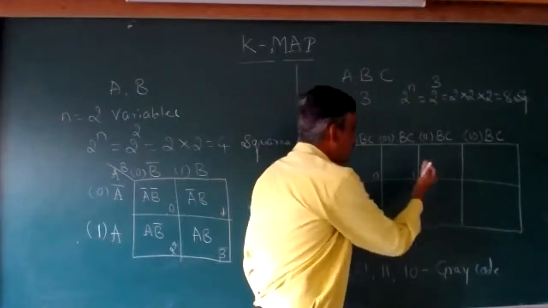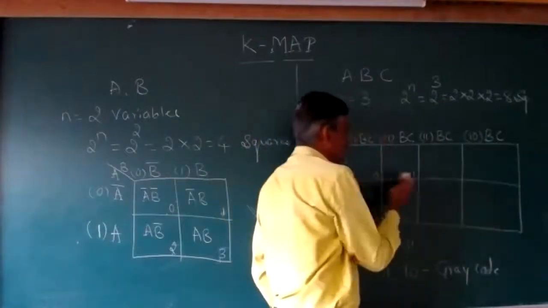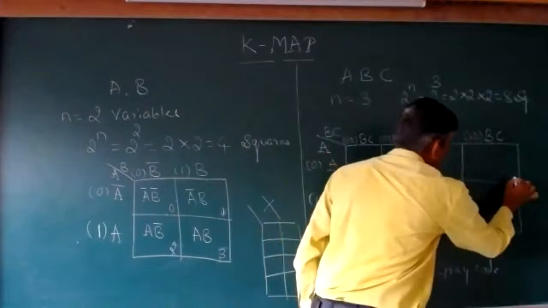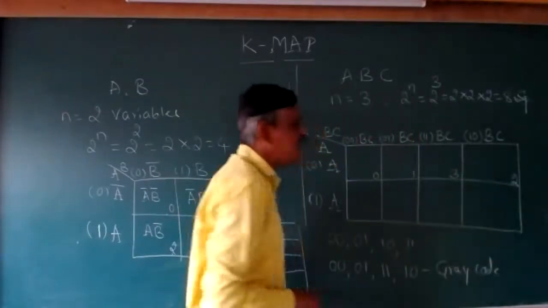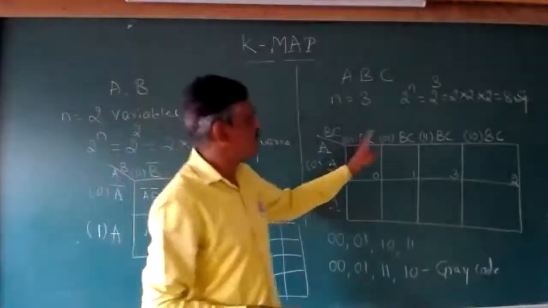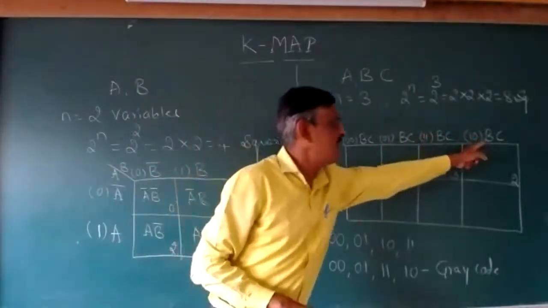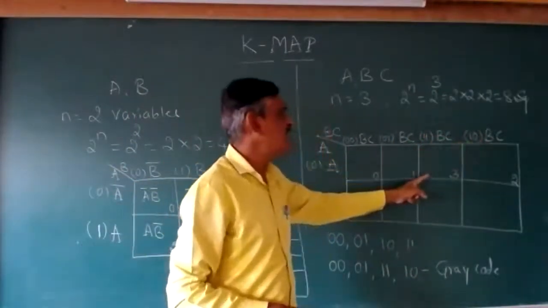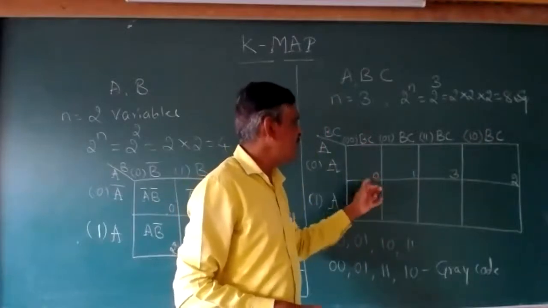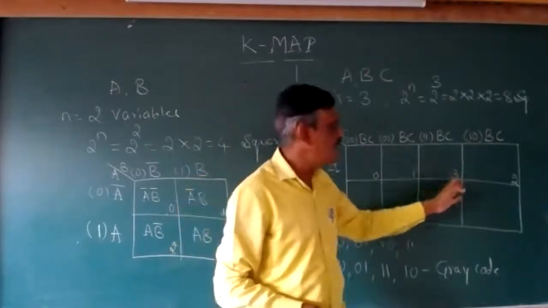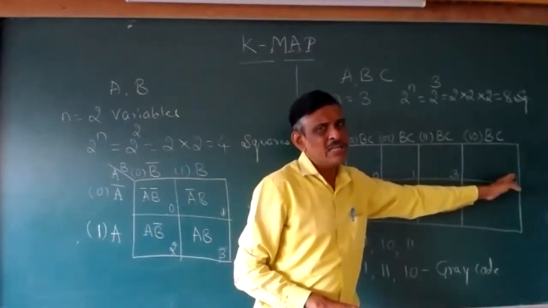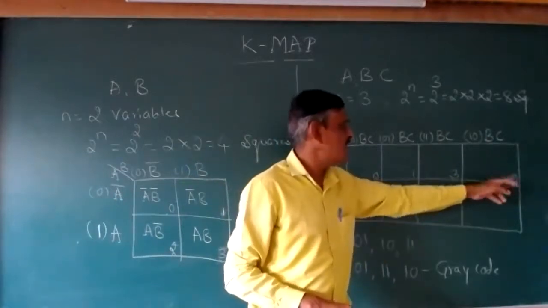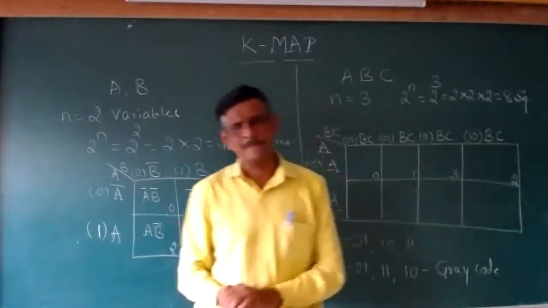You have to jump and write the next value. 0, 1, jump and write 2, come back and write 3. This is the way we have gray code. That is 0, 1, 3, 2. So to keep in our mind: 0, 1, then to the last column, jump, go to the last column, mention that designation, then come back and write the next designations.